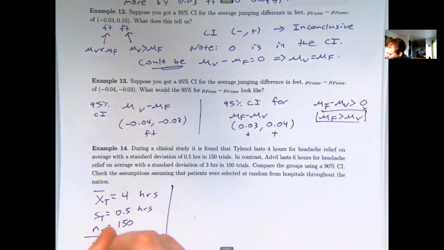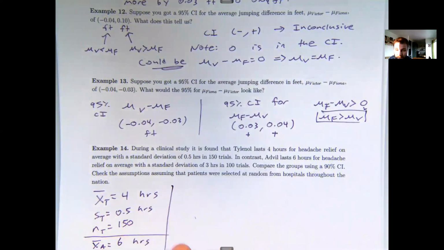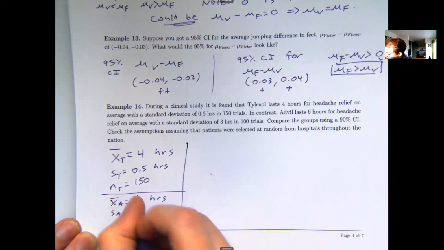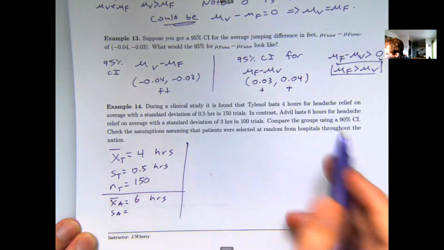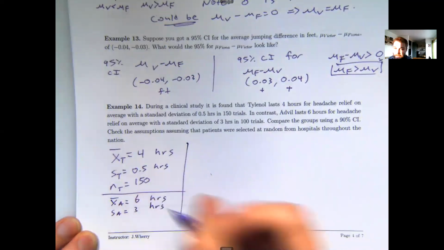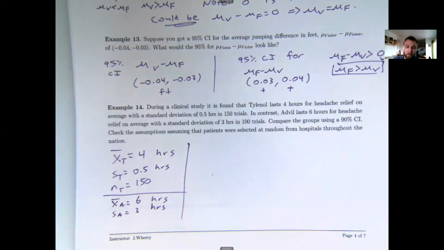Advil. The average for Advil is 6 hours, so a lot longer on average. That sounds good. But the standard deviation for Advil is 3 hours. So Advil might last longer, but it's way less consistent.